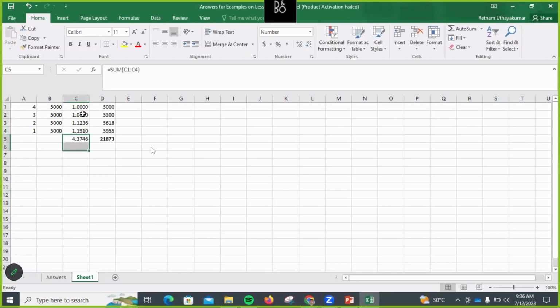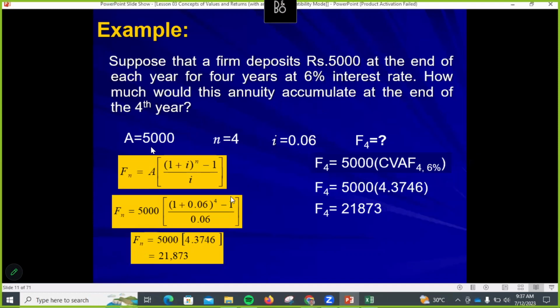Once the future value concept, 1 plus i to the power n, you can have it. So that is the alternative. If you are unable to apply this formula, you can straight away apply the basic formula.